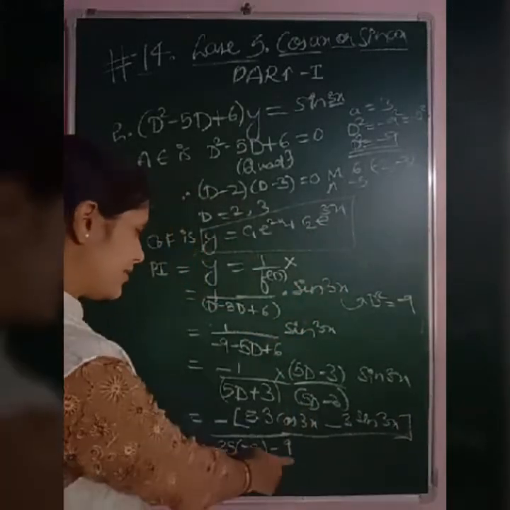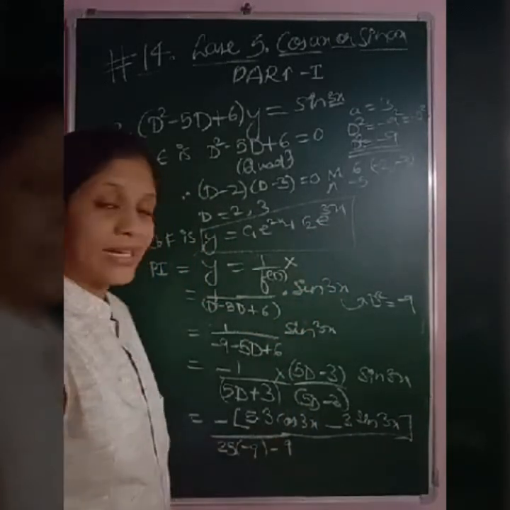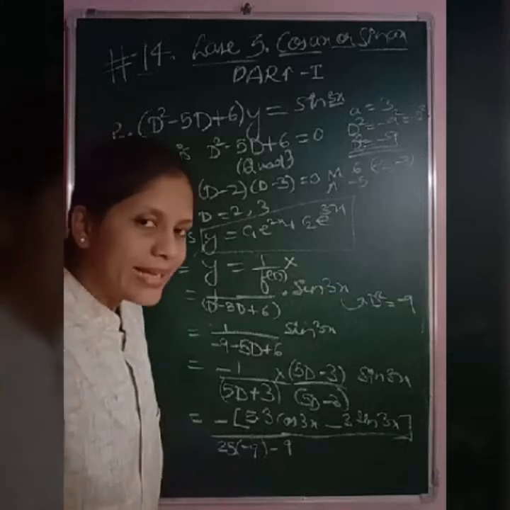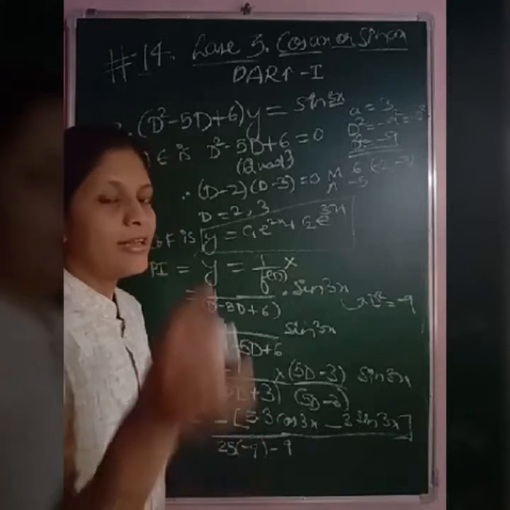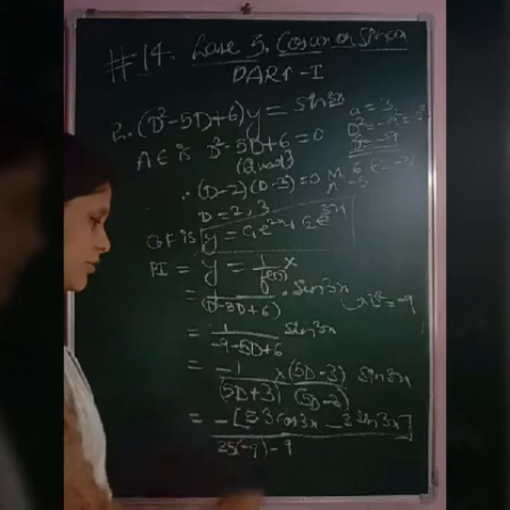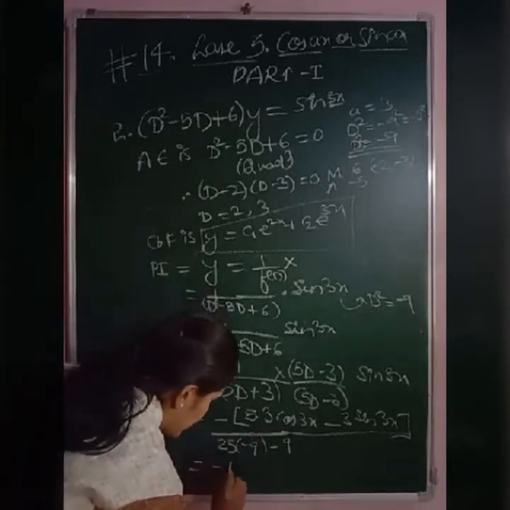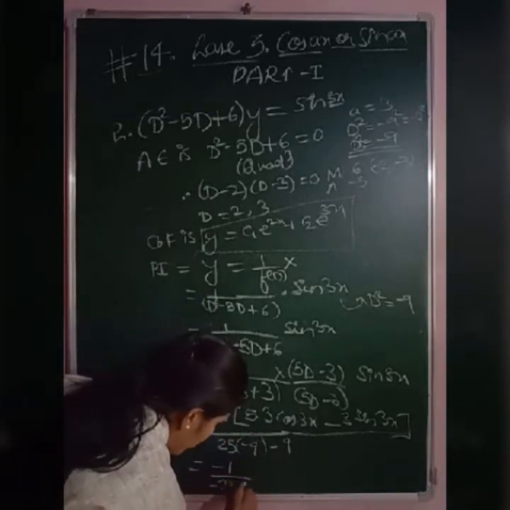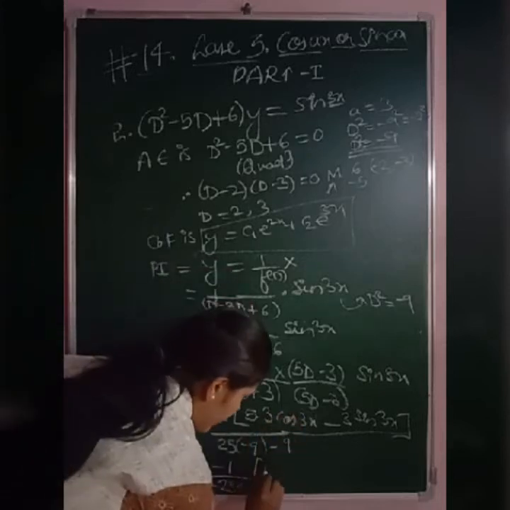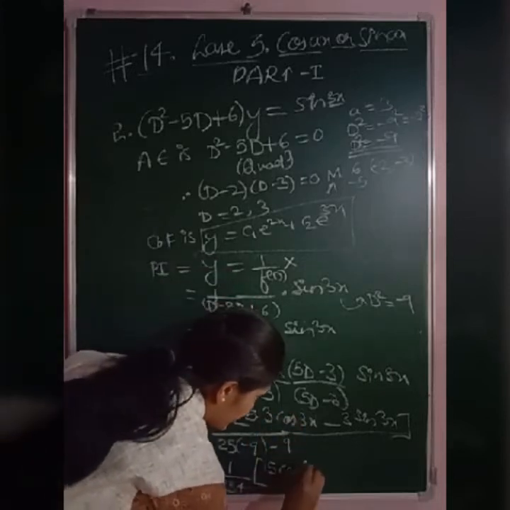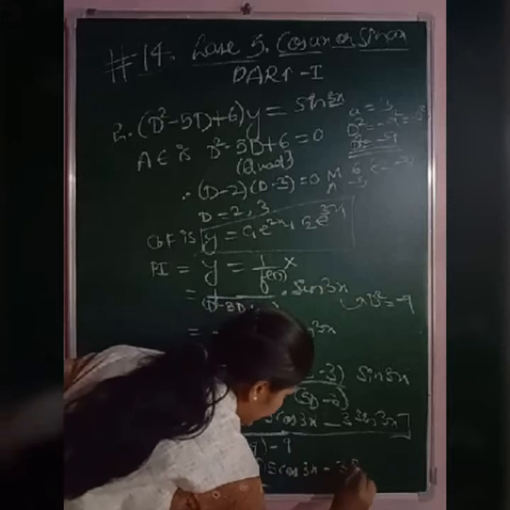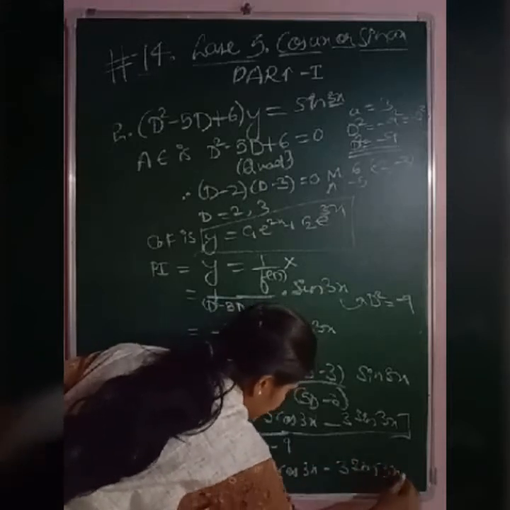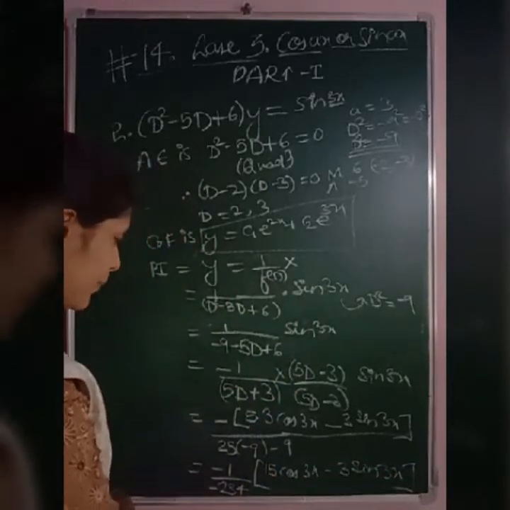Now what is this? 25 minus 9 minus 9. So do it in the calculator. So what do we get? Minus 234. So this is nothing but minus 1 by minus 234. What is this? 5 3s are 15 cos 3x minus 3 sine 3x. So this is our PI.